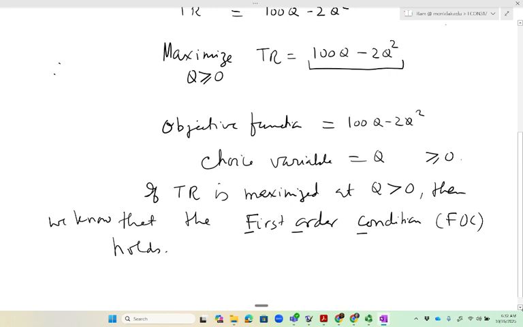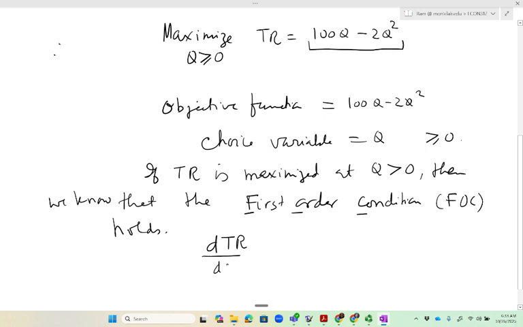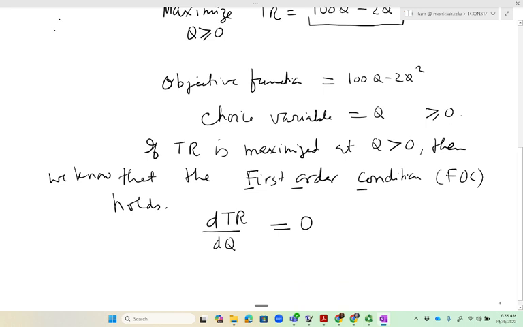The first order condition in our situation is the derivative of the total revenue with respect to Q, that must be equal to 0. So this is the first order condition.